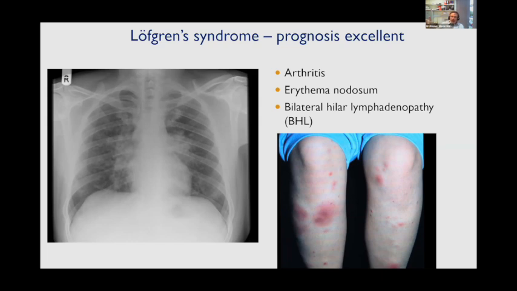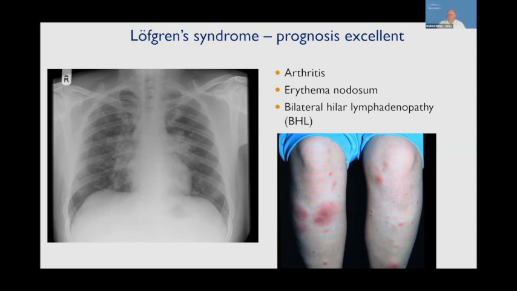Löfgren syndrome is characterized by these painful red lumps on the legs, which are given the name erythema nodosum, often misdiagnosed as infection or cellulitis. Patients often have joint pain, particularly affecting the ankles, and the chest X-ray shows enlargement of the lymph glands, like we saw in the case that I presented in the case study.